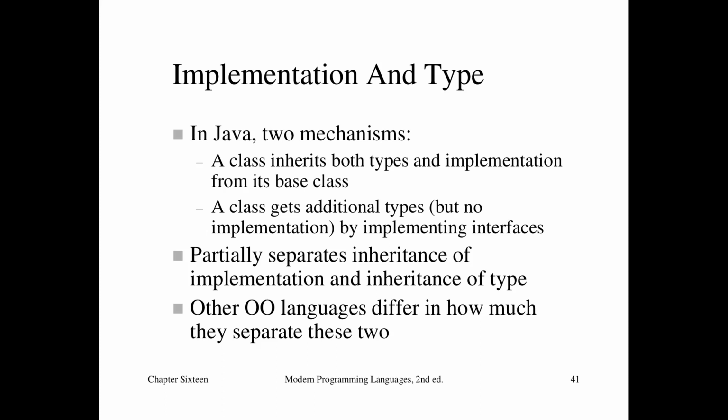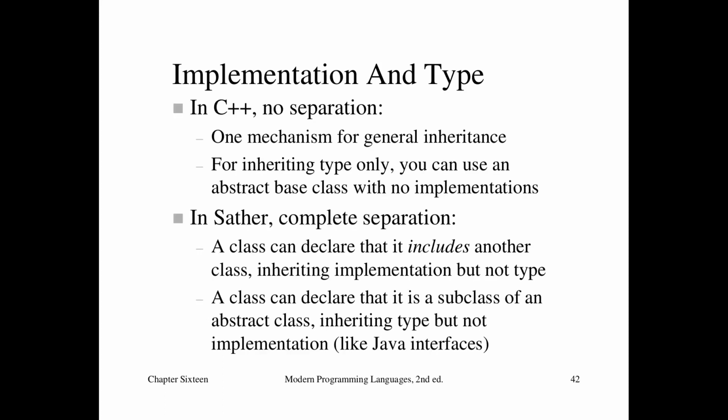This is not always true, though, right? How much of this separation can actually occur is dependent on the language that we're talking about. For example, in C++, there is no concept of an interface. There are just classes. When we define a class, we can define abstract methods, those which have no implementation.